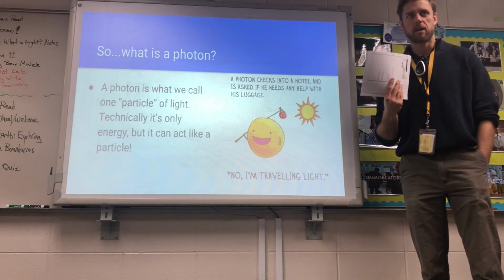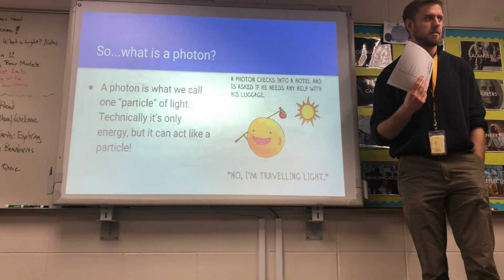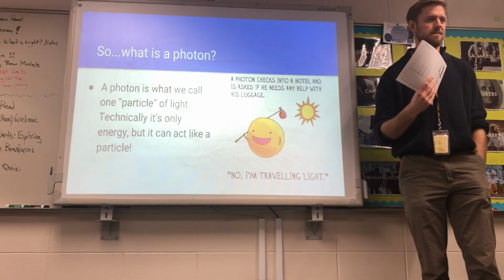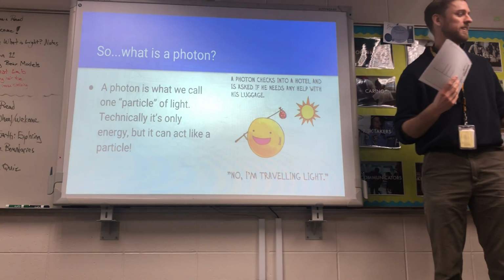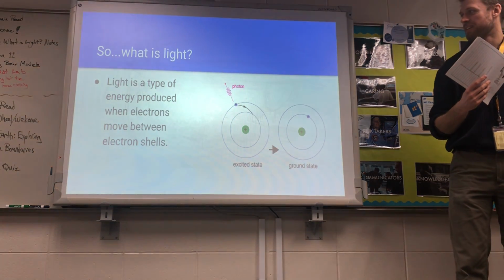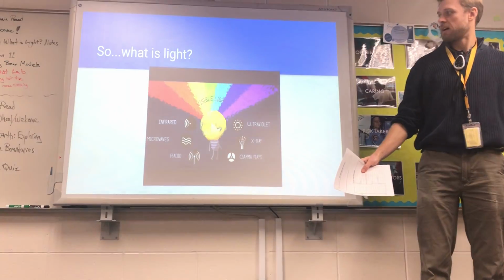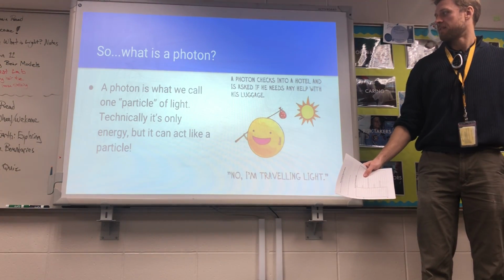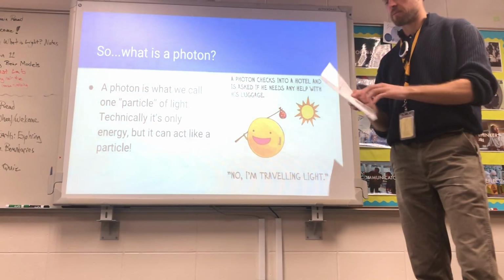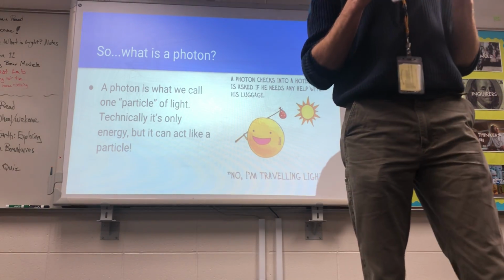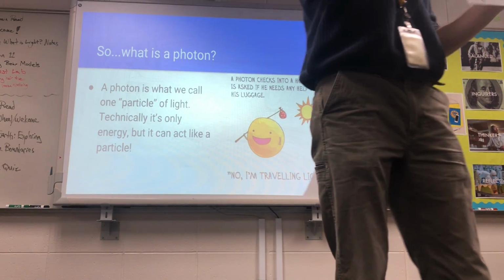Have we talked about where electromagnetic radiation comes from? Electromagnetic light comes from electrons moving, or you could say electromagnetic radiation comes from a moving or oscillating charged particle. So there's your next note.